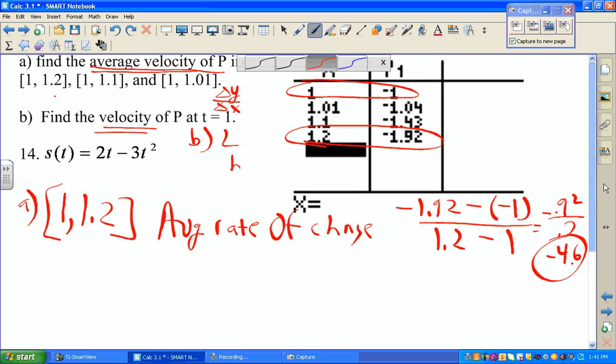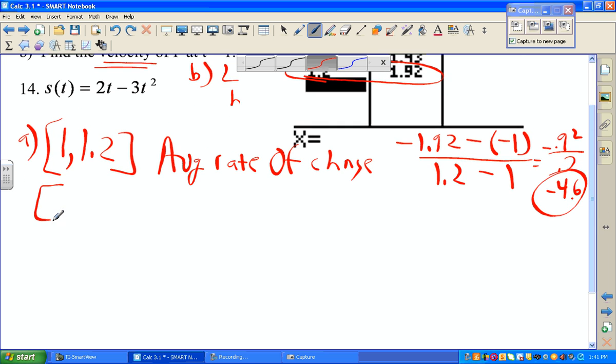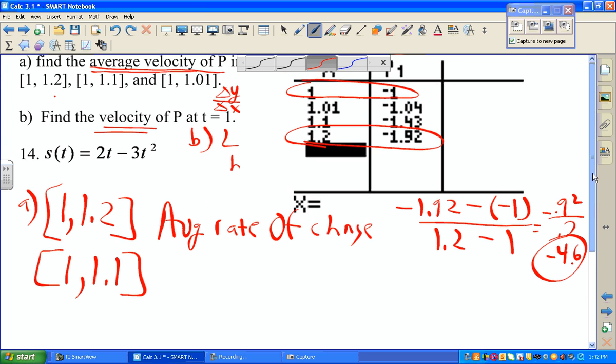For the 1 to 1.1, I use the x and the y values that are given to me in the problem. So, in this case, since I'm after the 1 to 1.1, I use the 1 and the 1.1 values.